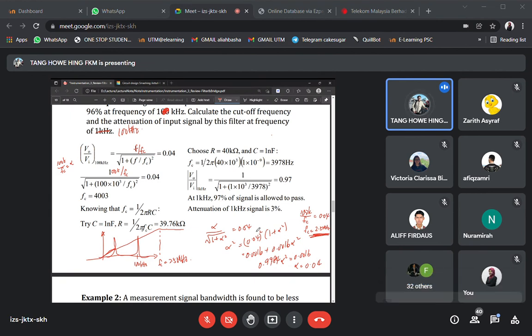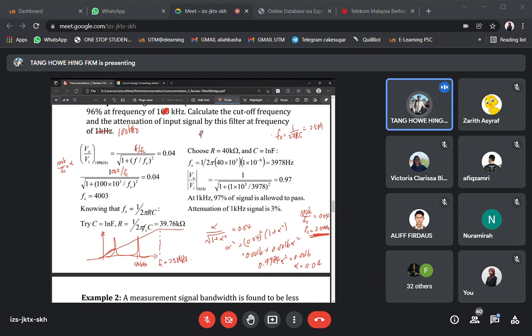Once we have obtained this cutoff frequency of 2.5 megahertz, we may just substitute into these formulas. The cutoff frequency formula, 1 over 2 pi RC, equals 2.5 mega.